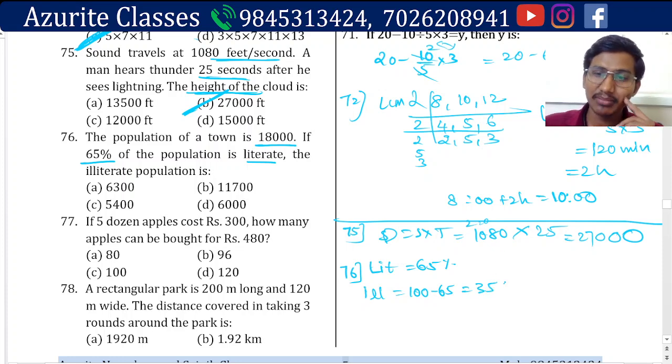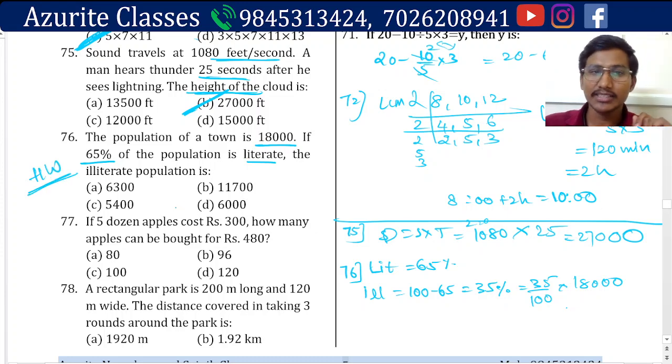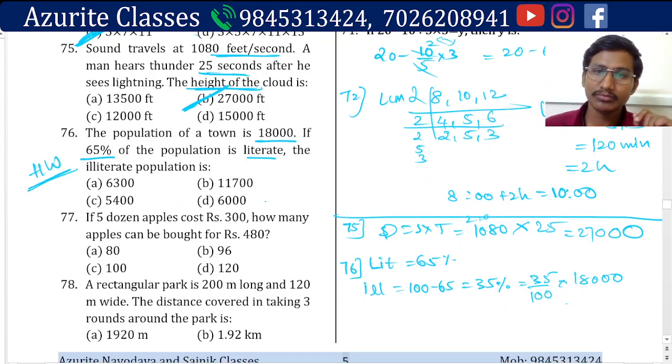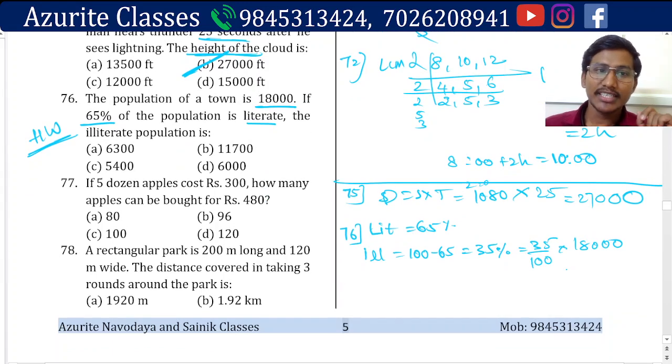So we have to find 35% of 18,000, that is 35 divided by 100 into 18,000. So you do the calculation and write the answer in the comment box. This will also be homework. Okay, good.